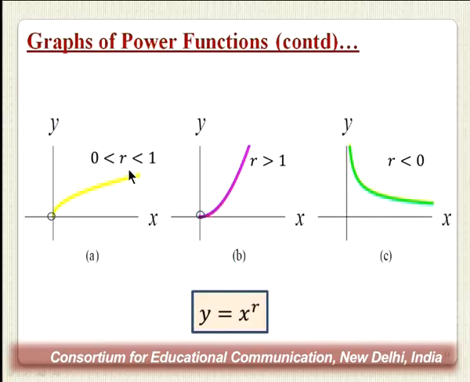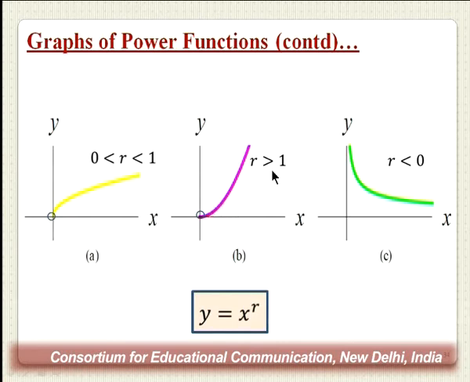If r lies in the open interval 0 to 1, for example r equal to half, then this graph in yellow looks exactly like the graph of y equal to square root of x. Note that I'm not including the origin in the graphs, because we are taking x to be strictly greater than 0.